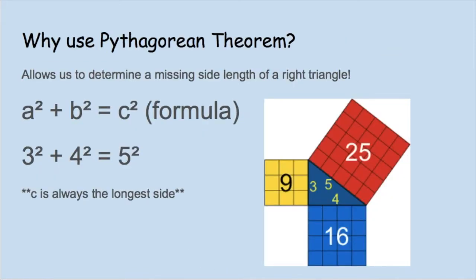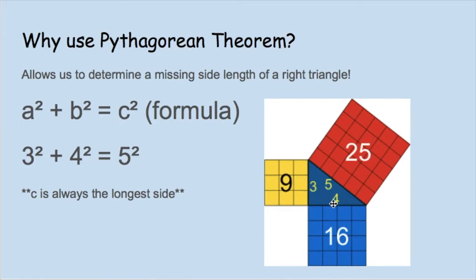So why use Pythagorean theorem? Pythagorean theorem allows us to determine a missing side length of a right triangle. Pretty awesome, isn't it? Like mentioned before, the formula for Pythagorean theorem is a squared plus b squared equals c squared. For instance, if I had a triangle with side lengths 3, 4, and 5, I would fill in my formula.